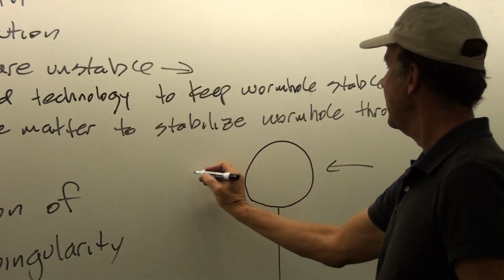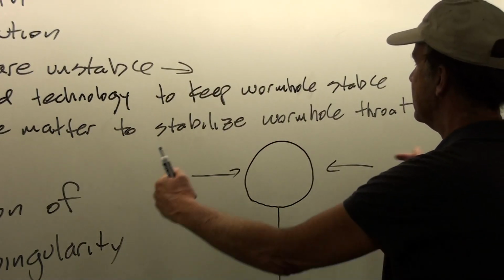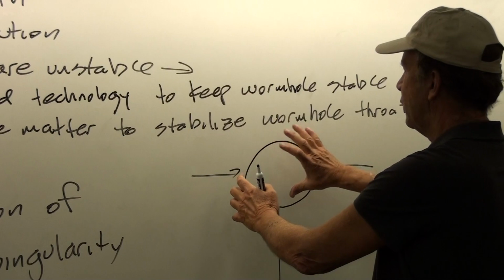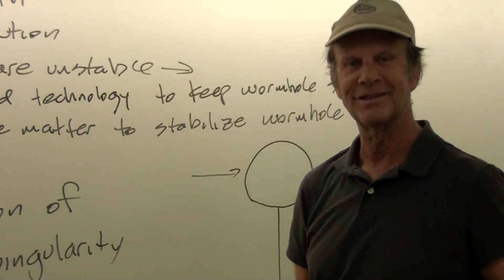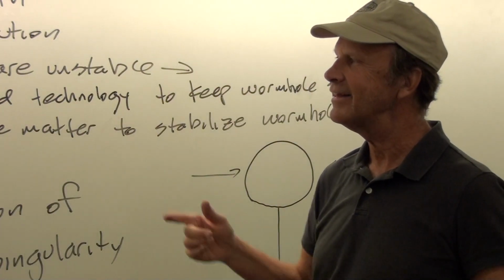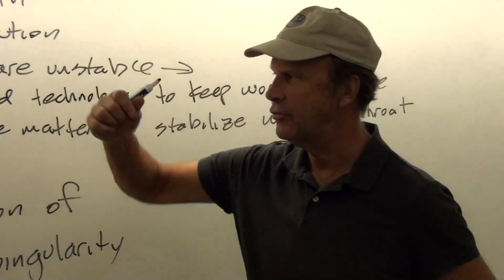And so you would have to have some kind of a complex feedback mechanism here that could, as the bowling ball is detected to start tipping, push it back to its original position. And so you would need an analogous kind of a thing with the wormhole mouth and throat.